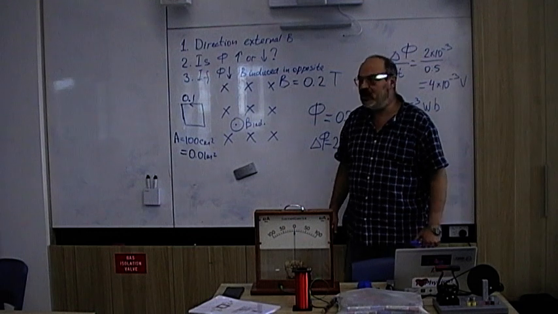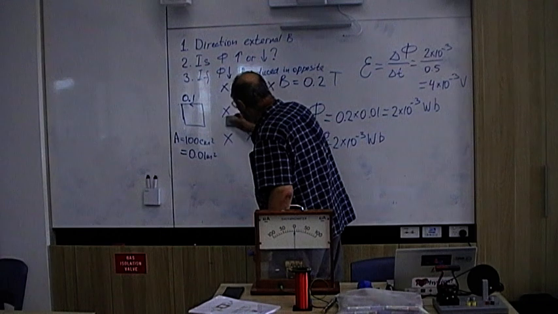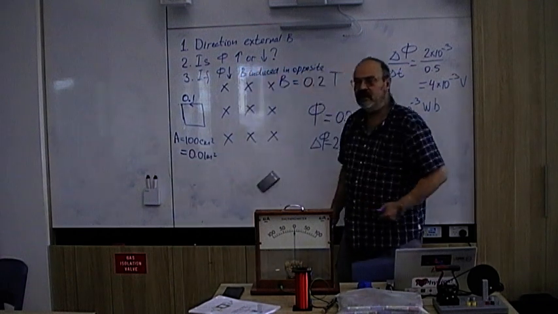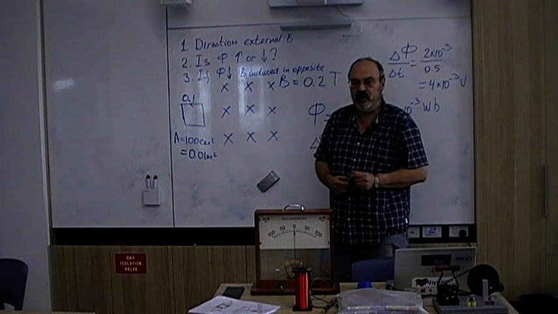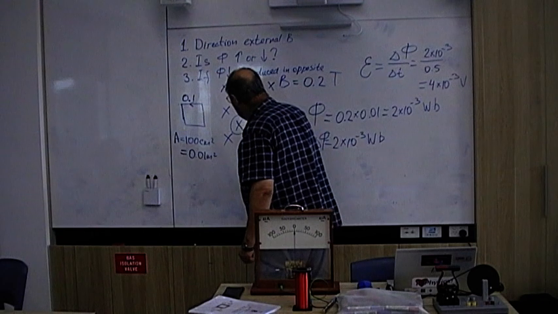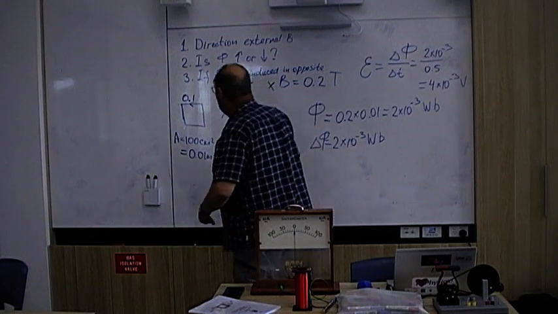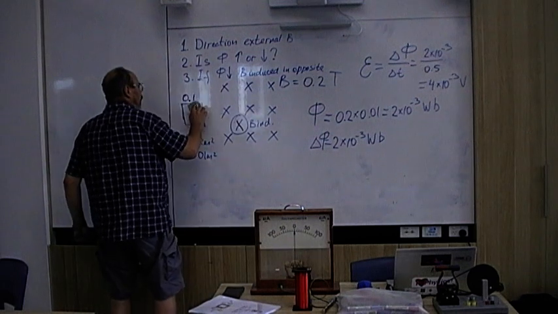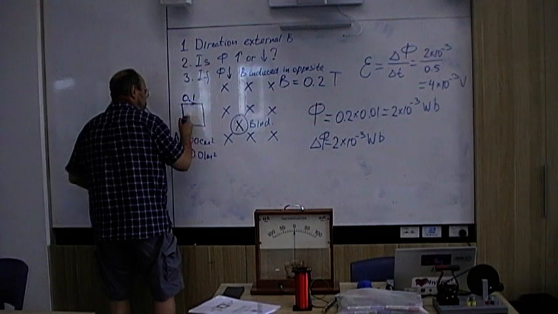In the same direction. If the field is into the board and becoming smaller, we need to push in the same direction to oppose this change. So the induced field is into the page, and it will change the direction of the current to the opposite way.